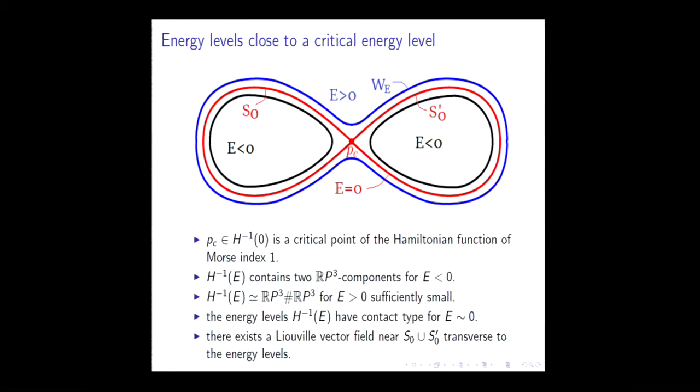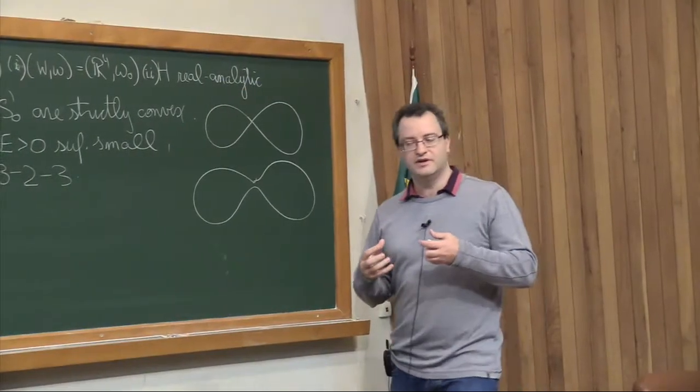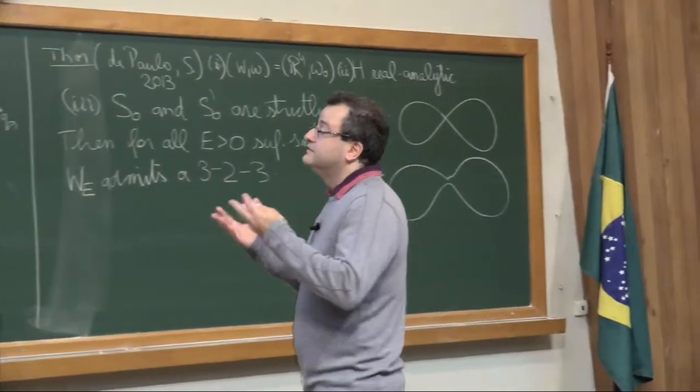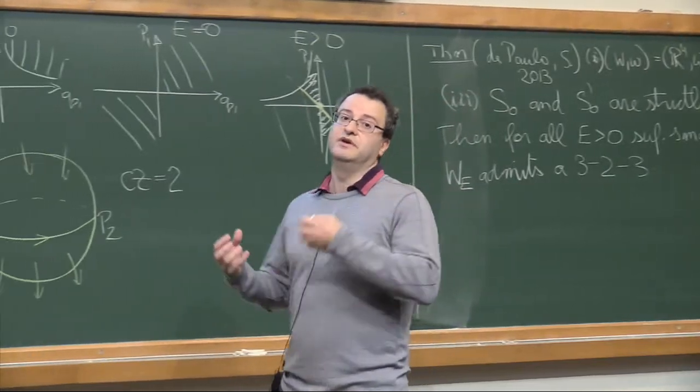So, before I state the theorem that we are working on, it's not yet a theorem, but maybe a conjecture. I have to say that now we consider connected sum of RP3, and the main reason for that is many problems in celestial mechanics have this situation.